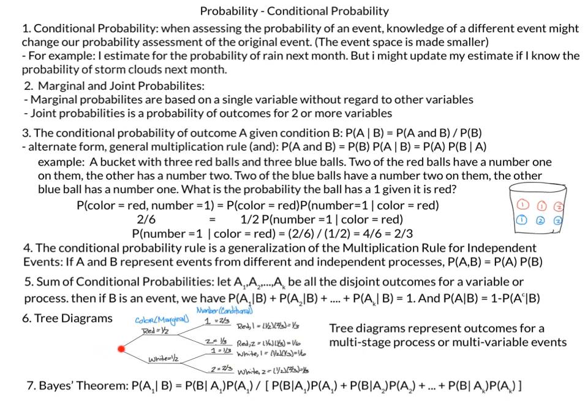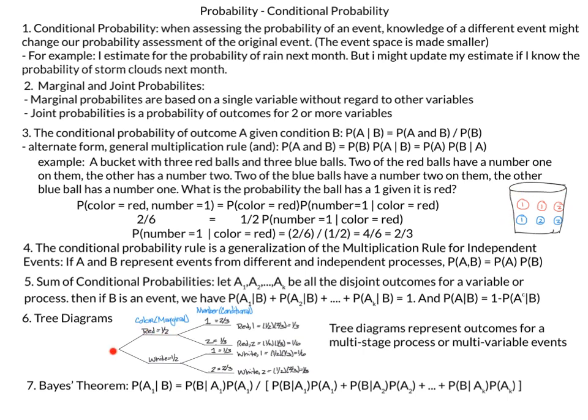So we start off here, and the first stage is determining whether we drew a red or a white ball. In this case, there's an equal probability of choosing a red versus a white, so we label the probability 1/2 for red, 1/2 for white. The next stage, we determine what number was drawn.